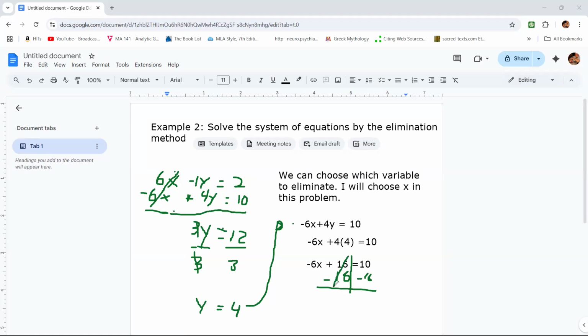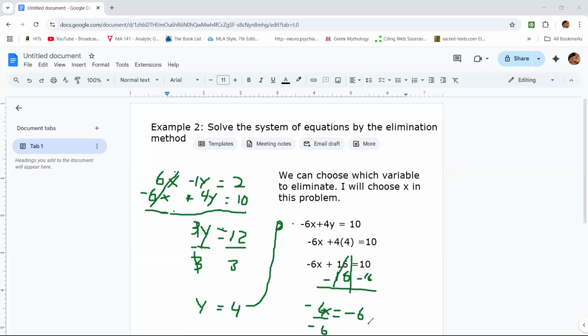Now, these cancel, which is what we want, and we end up with negative 6x. Now on the right, I have 10, and I have negative 16. The negatives have more, and they win by how many are left? So 6. 6 are left. Now here, I'm going to divide by negative 6.